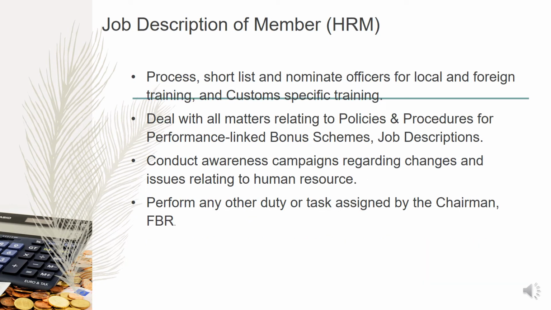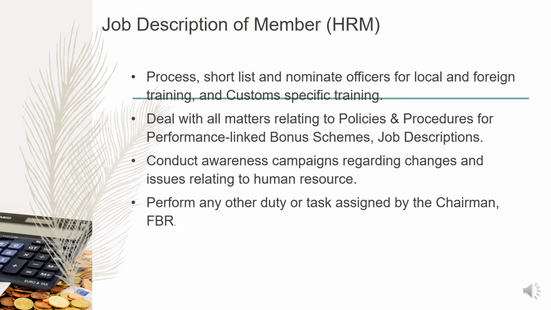Okay, human resource management member, what do they do? They process, shortlist and nominate all those officers for local and foreign training and customs specific training. Human resource management member is the person who has to deal with the human resource of this whole department of Federal Board of Revenue, from their recruitment and selection up to their trainings and making policies as well as giving them responsibilities and all along.